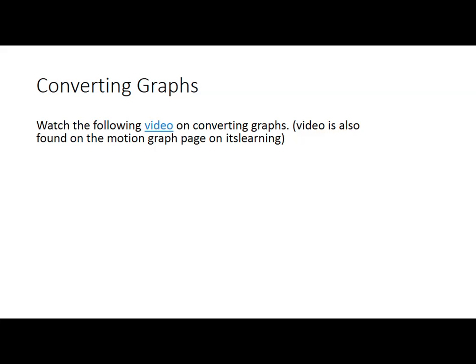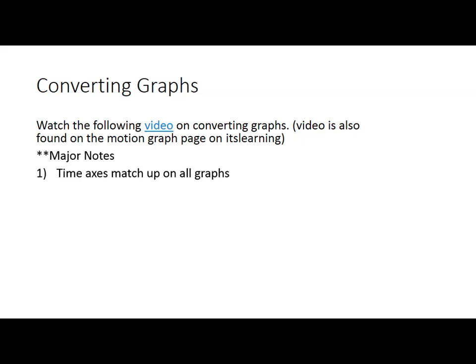As for converting graphs, I have another video to look at. I'll probably go over that a little bit later. When you convert graphs, make sure you understand that the axes always line up.